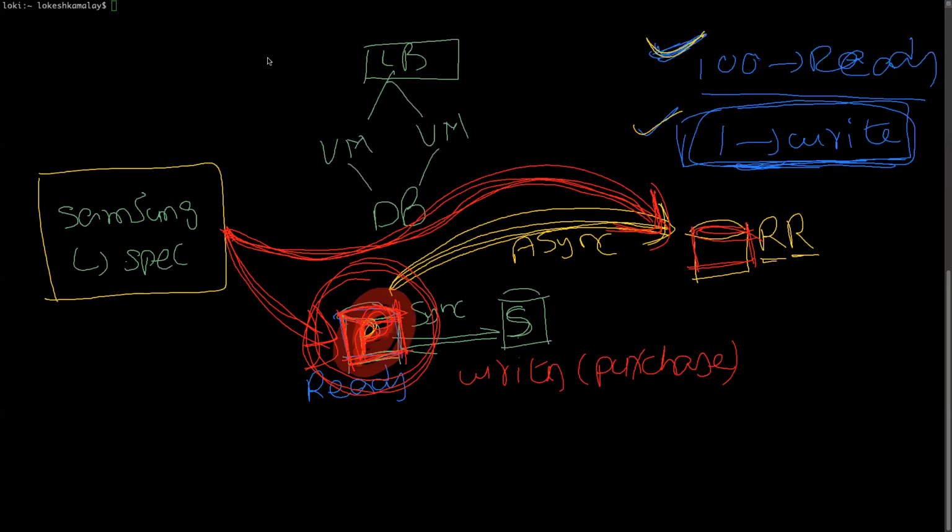Once he saves it, his connection stays here only. It depends upon how your architect designs it. Next time when someone logs in, again the same connection goes to read replicas. So this is a typical scenario of an application.